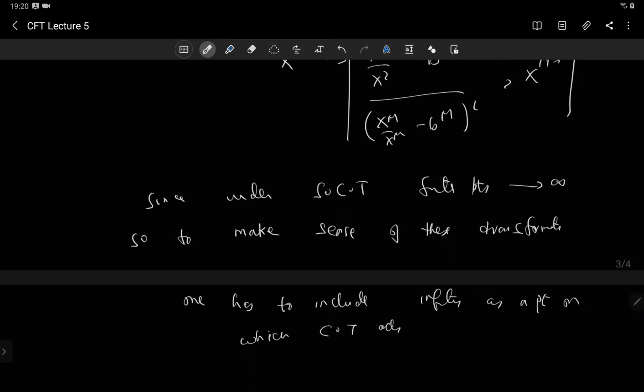Because normally when we take some Minkowski space or Euclidean space, if it's a flat space we just mean all points on the flat space, but all points does not include infinity, because infinity by definition is something which you cannot reach. But you can reach it by a special conformal transformation.